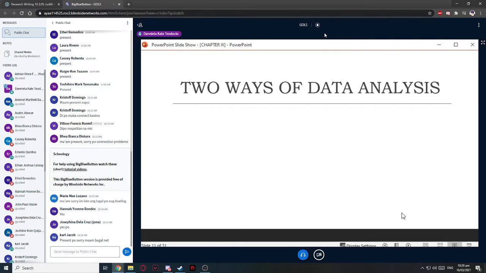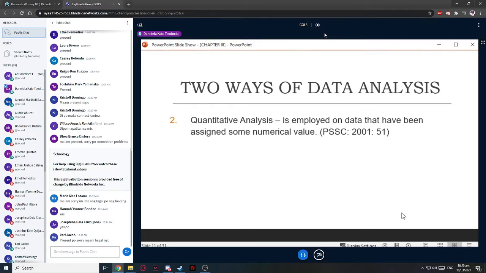Now, the other one, this is what you will be using: quantitative analysis. In quantitative analysis, you employ on your data some assigned numerical values and statistical treatment of data.